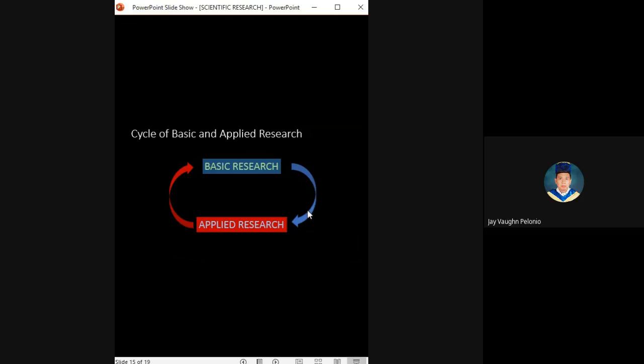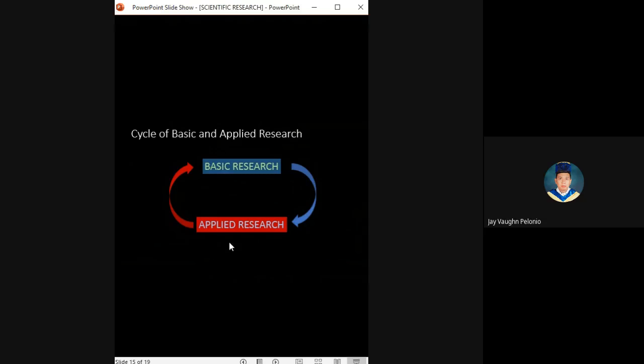Their findings stated that uranium is a viable energy source. And scientists now tested if this element could be used as a weapon. Applied research na siya. Because they applied what they have discovered in basic research.